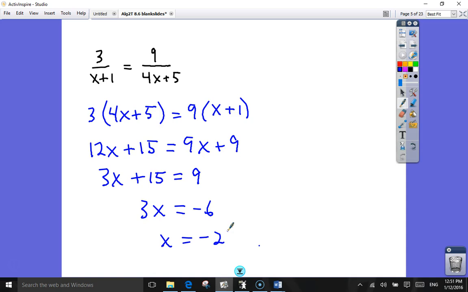Remember, the last step is you should plug that into the original equation. Make sure it didn't lead to any divide by zeros. Right? Negative 2 plus 1. No. 4 times negative 2 plus 5. No. So you're good.